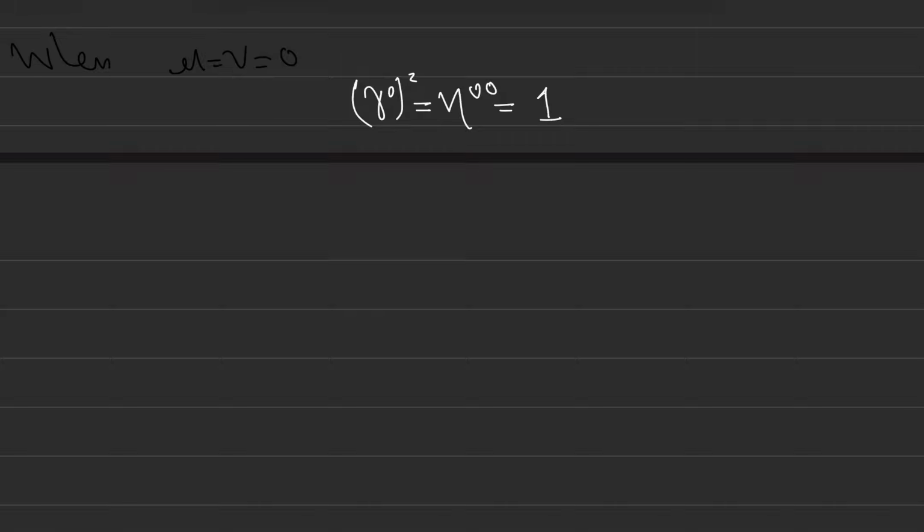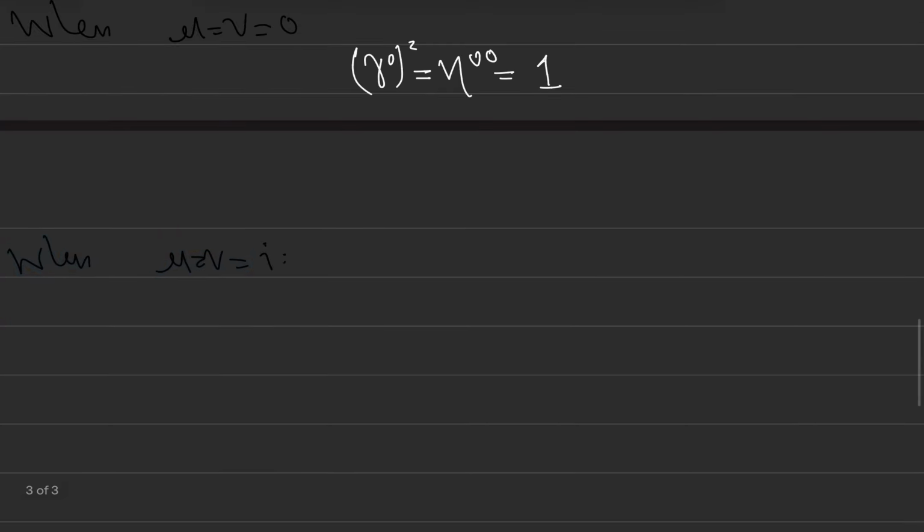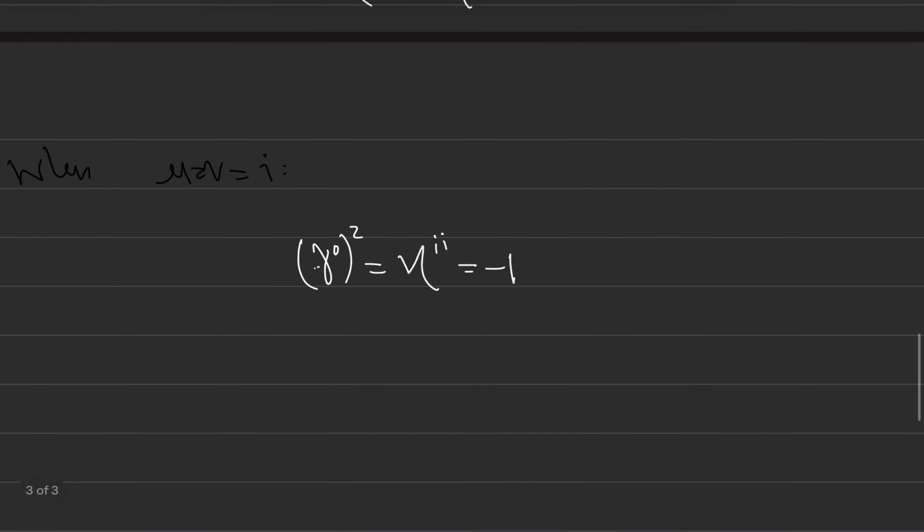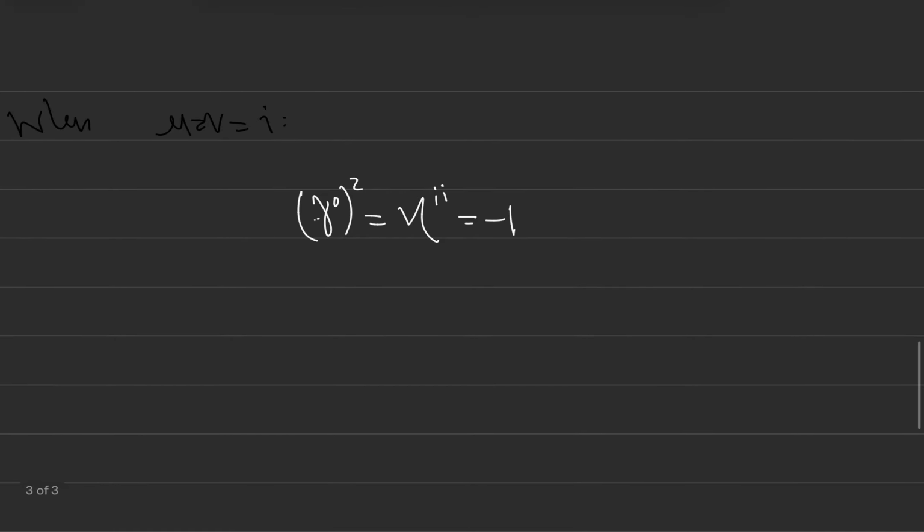Now the second case is mu is equal to nu, but that is equal to some spatial component. In that case, again, we get the same thing. Gamma i squared will be equal to eta ii, but now that is -1. So this is another thing that you can get from it. And the third case, of course, is when mu and nu are not equal.